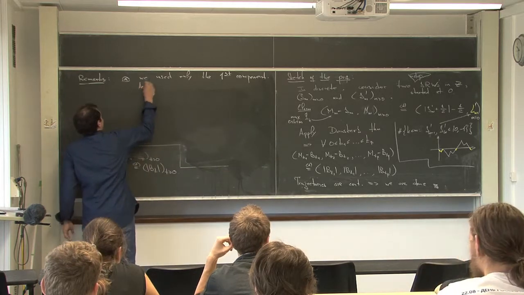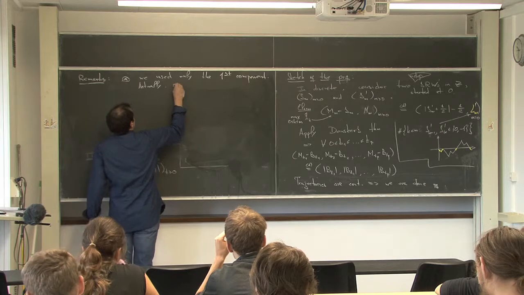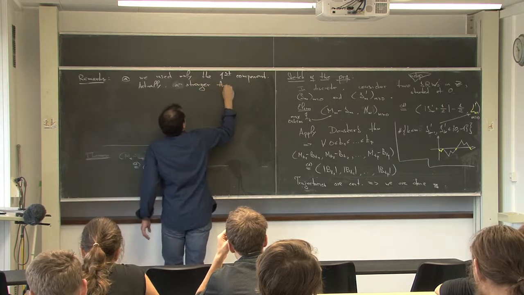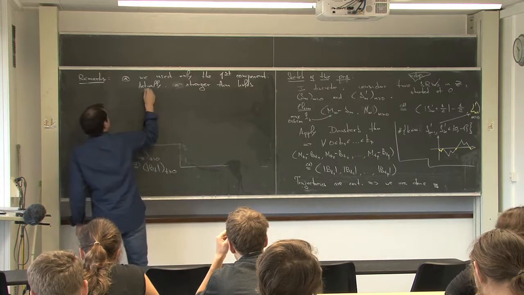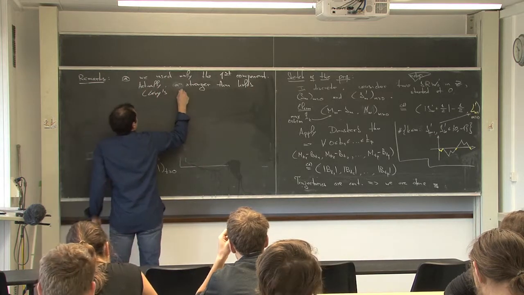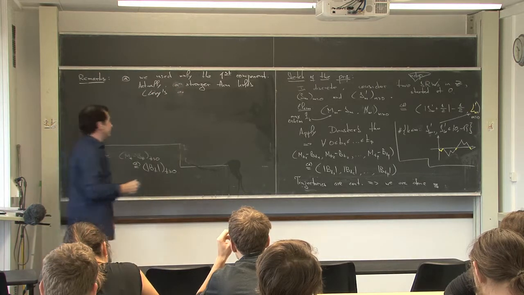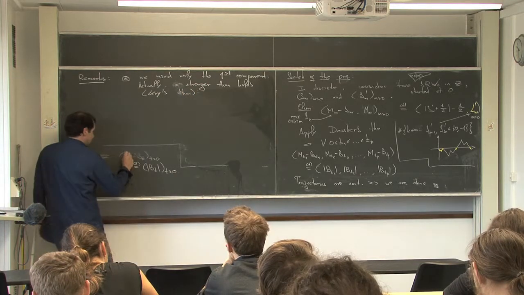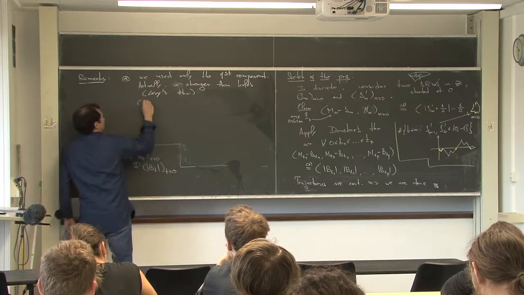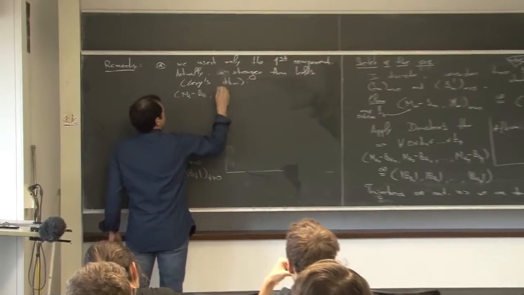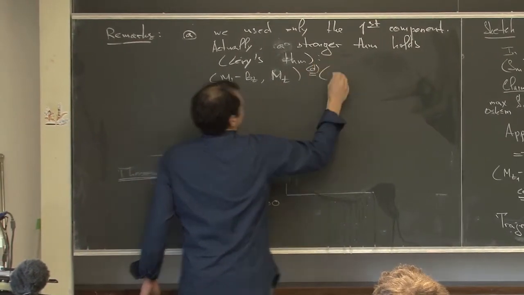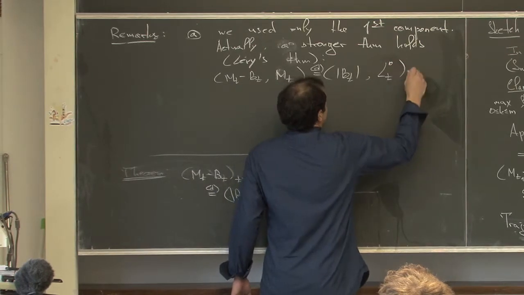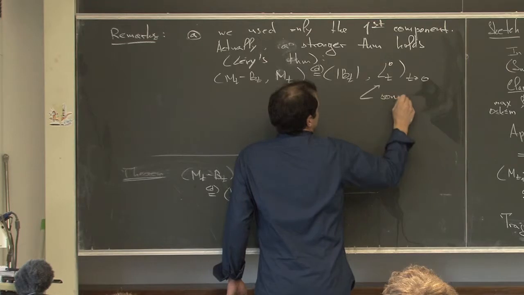So actually, well, a stronger fact, which is called another Levy theorem, Levy isomorphism theorem, if you wish, which says that, okay, you can write M_t minus B_t, M_t distributed as, here we have no problems, just the absolute value. And what is here is some process.